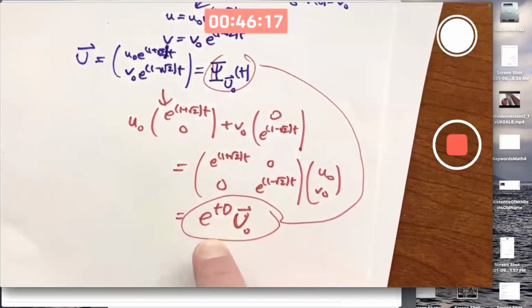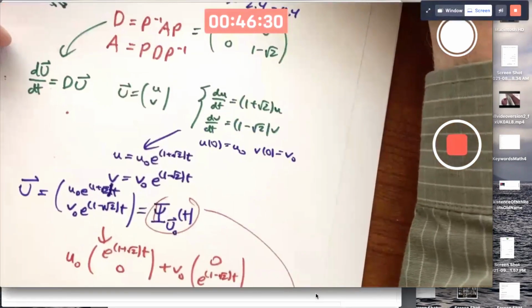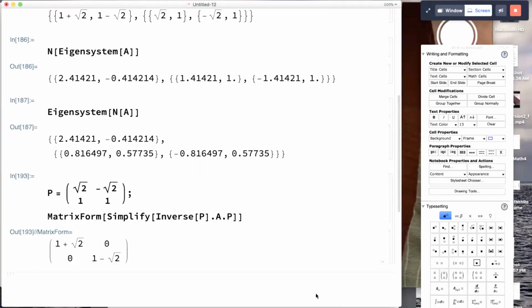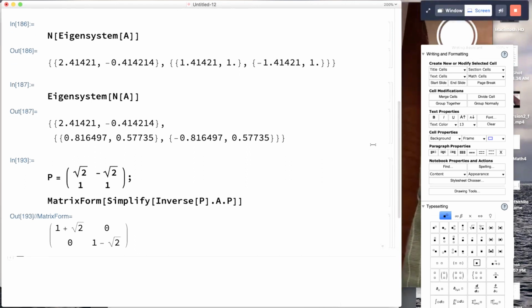And the fact that D is diagonal makes that Taylor series easy to evaluate. It's when A is not diagonal that the Taylor series is hard to evaluate, because the powers of A become more complicated in that case. But we can confirm this calculation here.